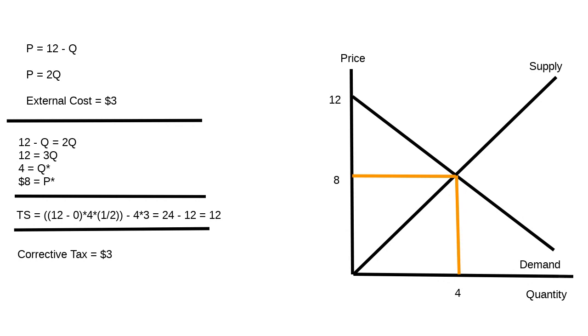Notice that we've left out everyone external to the transaction, but issuing the corrective tax forces the consumers that value the goods and the producers that produce the goods to internalize this additional cost. So because it's a corrective tax, we attack the cost side of the curve.